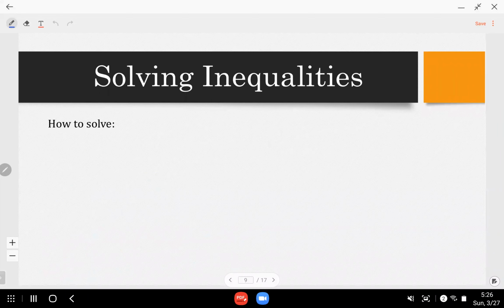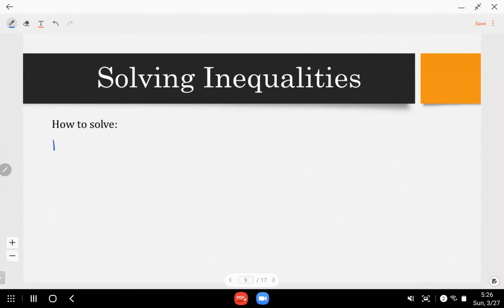So solving inequalities is actually very similar to solving equations. Okay, so key points. Let's put it right here. Key points.